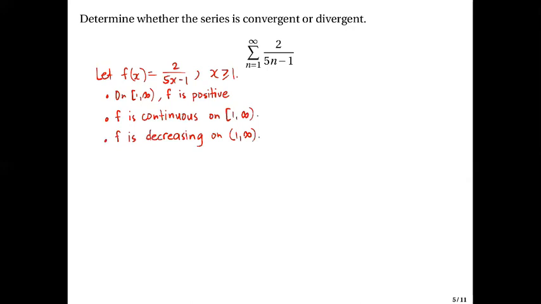And then finally, the most obvious is f of n. This is equal to 2 over 5n minus 1 for n natural numbers. So you have to check these 4 bullets here, and they are all straightforward.